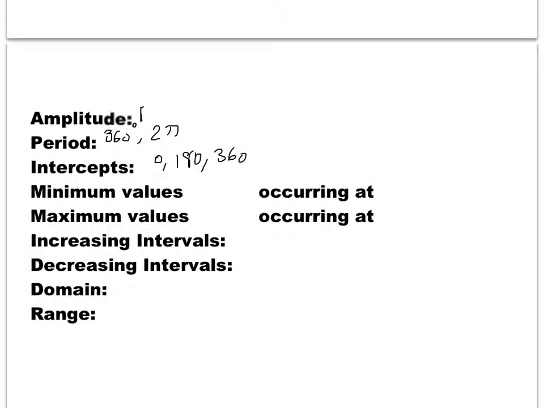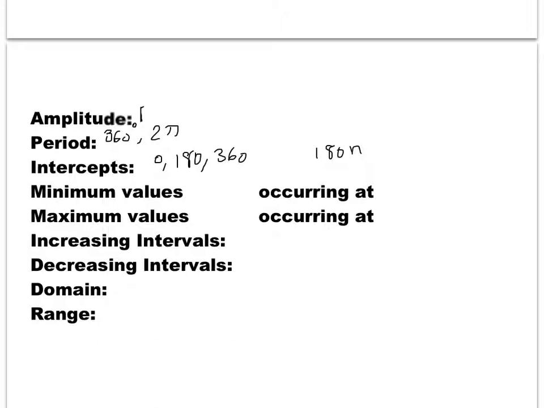Only 3 of them because the domain is set to be between 0 and 360. But in general, for a sine function, the x-intercepts are 180 times n. N can be any integer, 0, 1, 2, 3, or -1, -2, -3. These represent the x-intercepts.